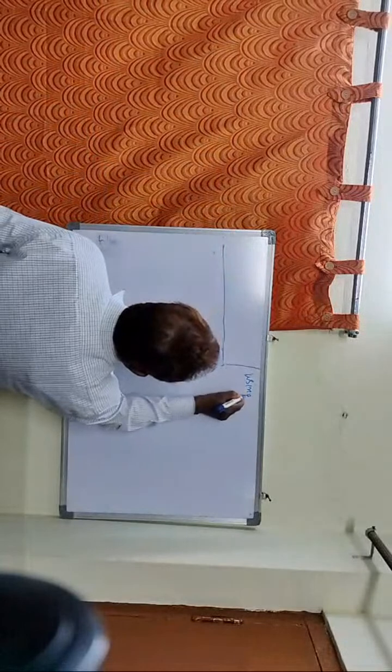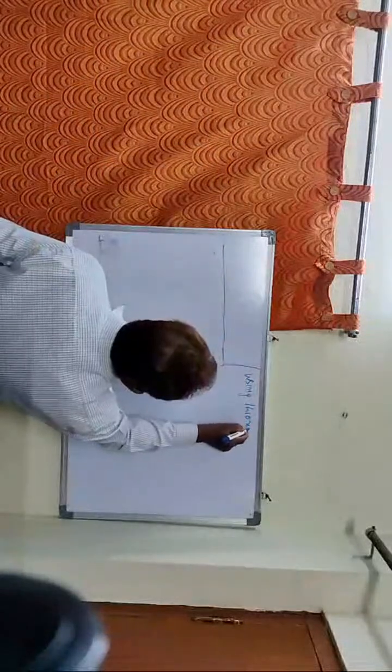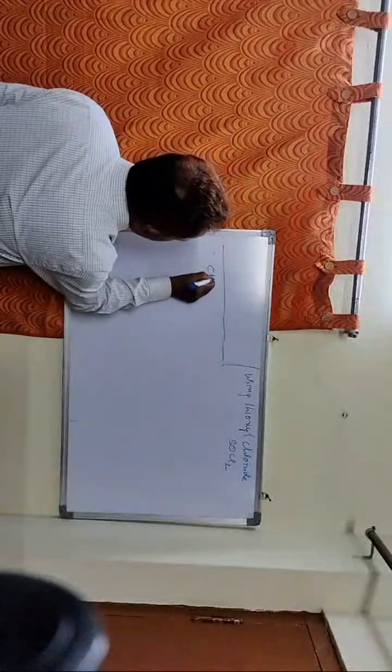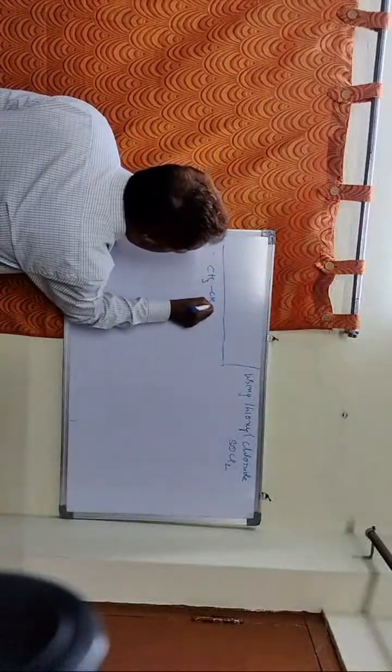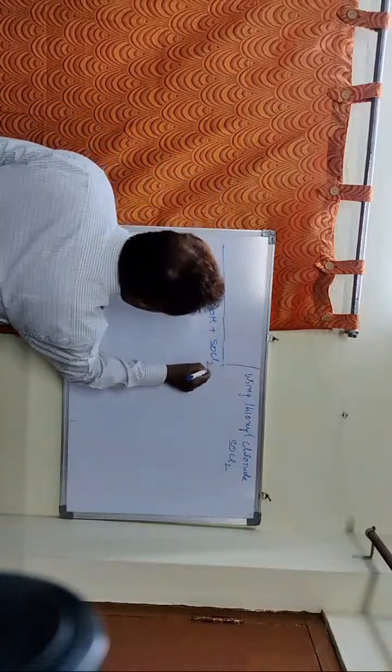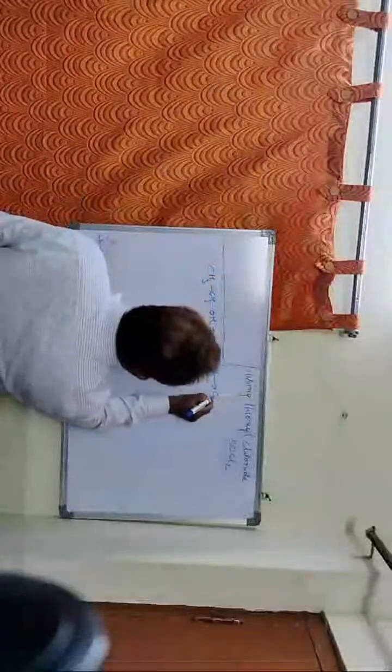Next reaction, using thionyl chloride. What is thionyl chloride? Thionyl chloride is SOCl2. So when alcohol, CH3CH2OH, reacts with thionyl chloride SOCl2, what do we get here?